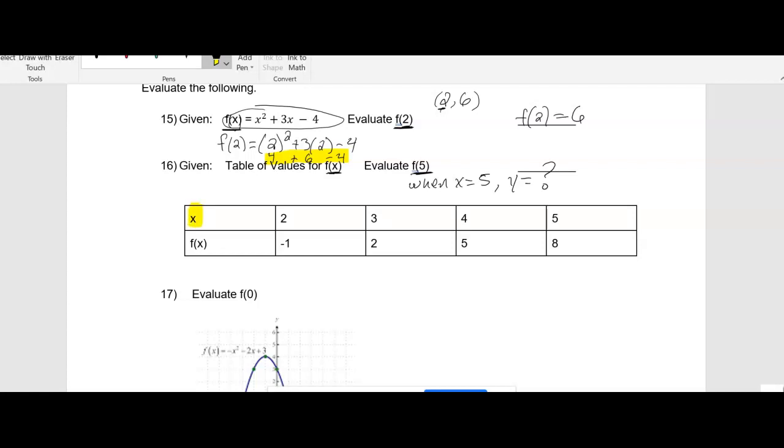So the top row is your x row. If we come over here to where we get an x value of 5, the y coordinate at that point is this 8. So we would say f of 5 must equal 8. All right, we're really just looking at this point here. When x is 5, y is 8.